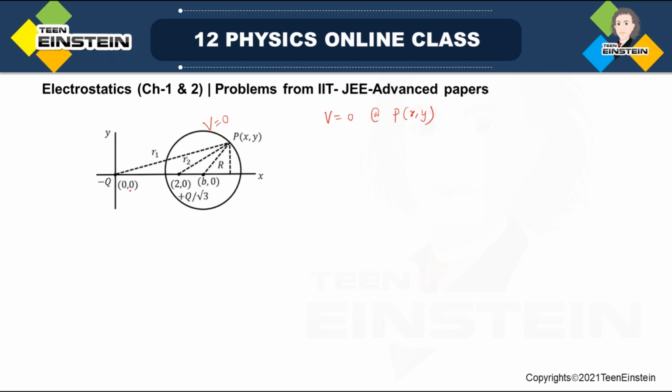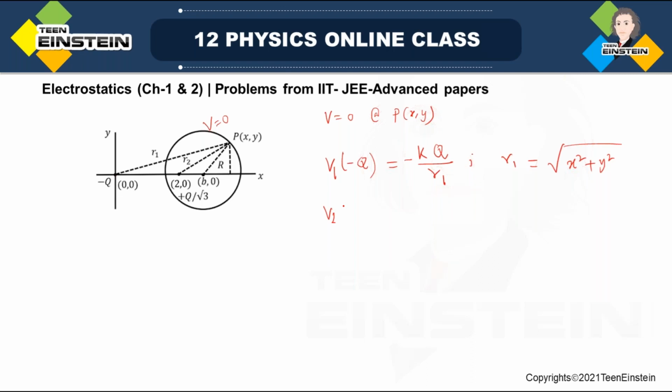So the potential due to minus q charge, let us say V1, it is minus kq by R1, where the distance between the origin and this point P is R1, where R1 is the square root of x square plus y square, the magnitude of the position vector.